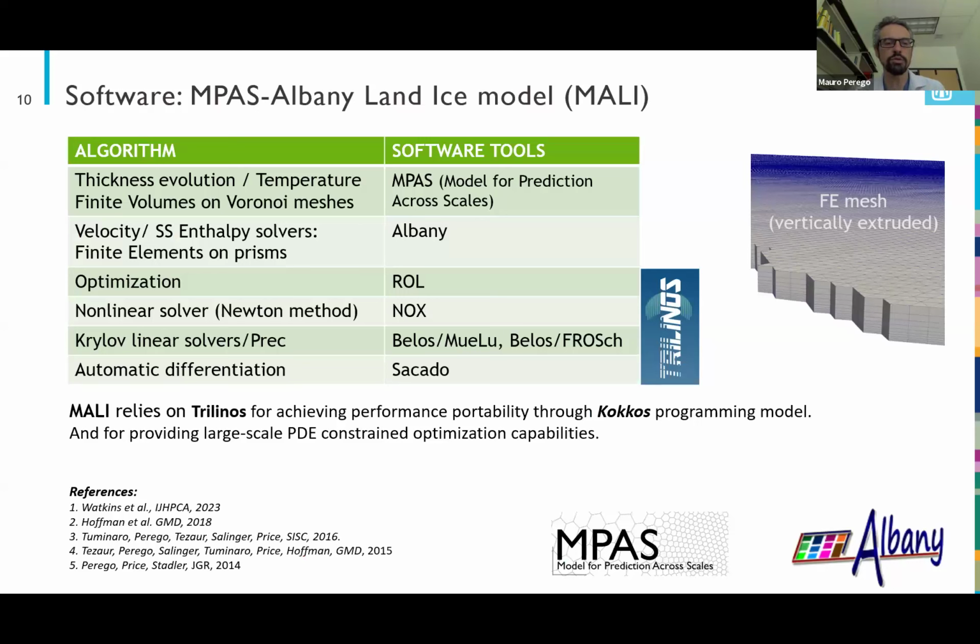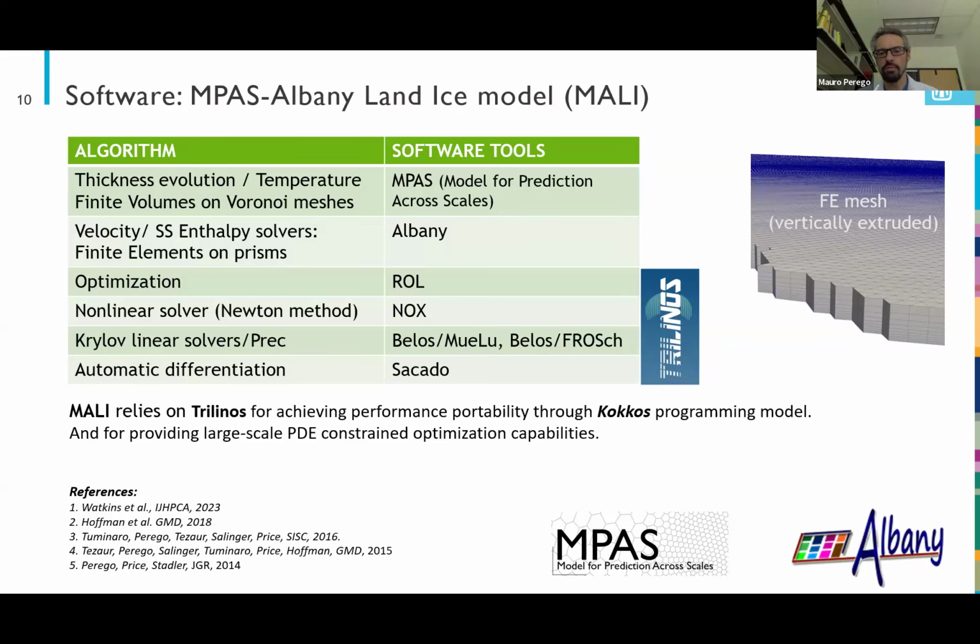Finally, the last thing I want to say about the model is that we have implemented this in a C++ code. I mean, it's part Fortran, part C++, but the part we are talking about today is mainly the C++ part, which is the velocity solver. And then it uses a lot of Trilinos packages.